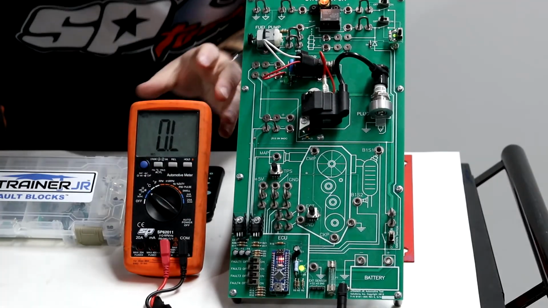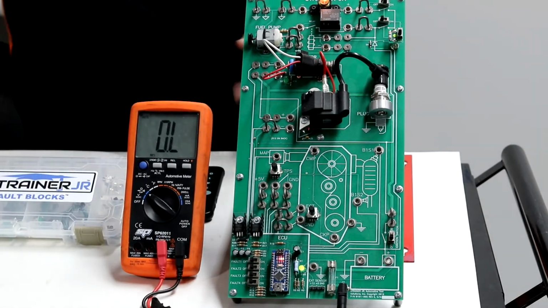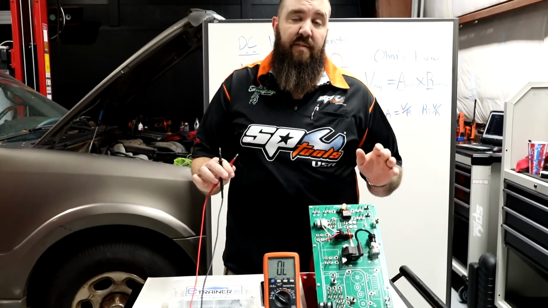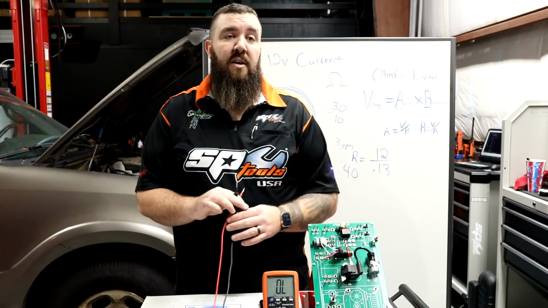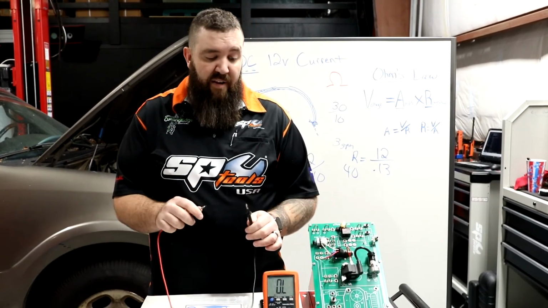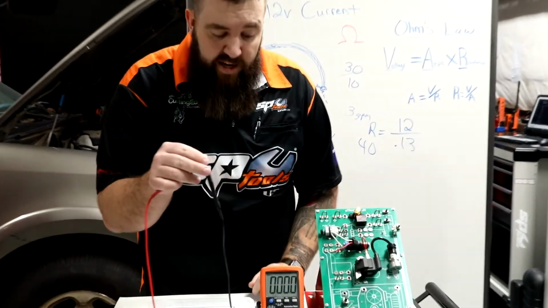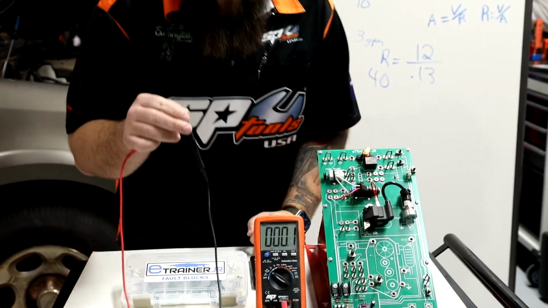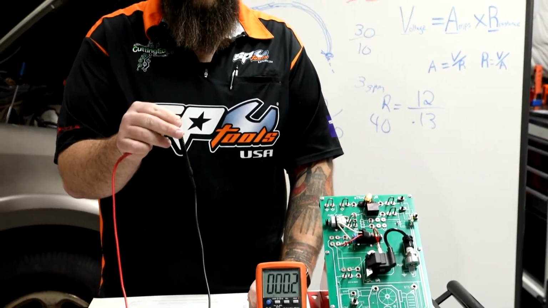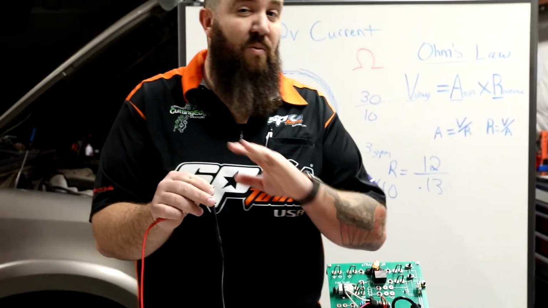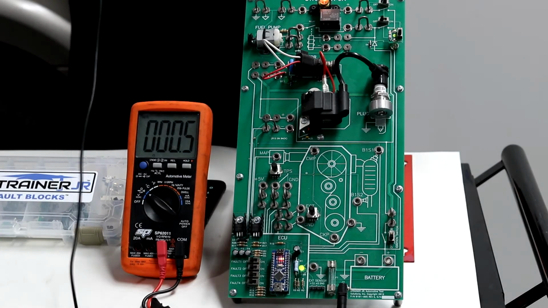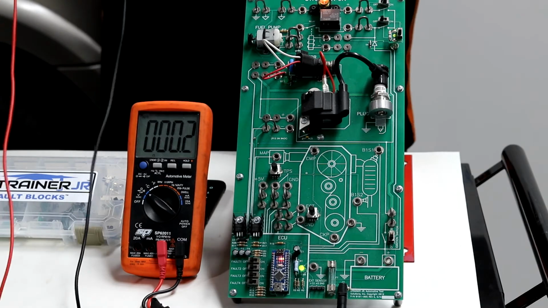In our meter right now, we are showing OL, and that stands for out of limits. That means there is no connection and there is nothing flowing through the meter whatsoever. If we touch our two lead ends together, we can see that we go down to a value of 0. That means there is 0 resistance whatsoever going between these two meter end leads.